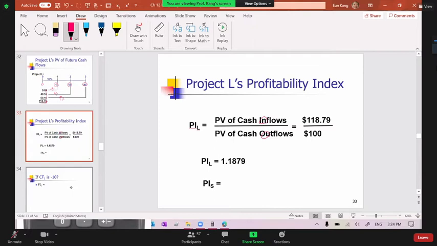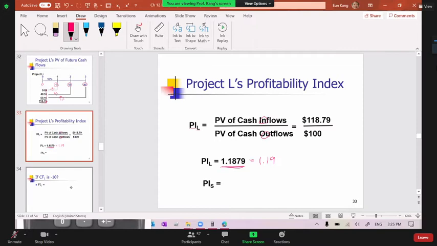So 118.79 over 100, 1.1879, right? And I ask you to have 2 decimals, so it's 1.19. Then, what is profitability index of S? That is easy too, right?